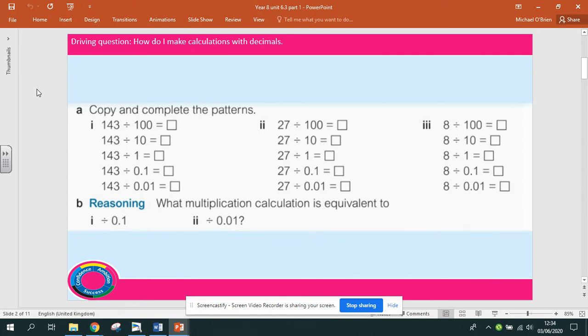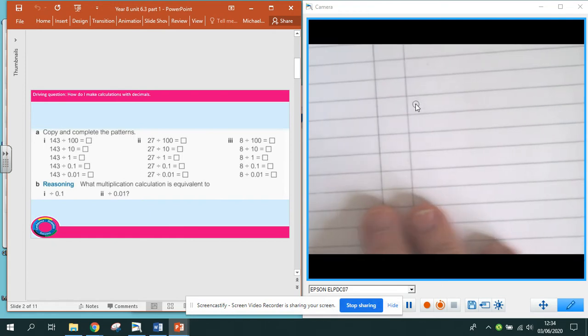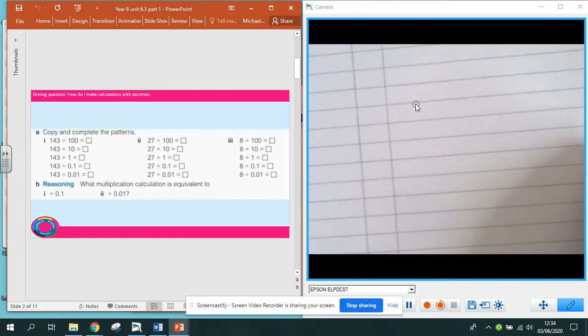Whilst we go through them, I'm perfectly happy for you to be doing them as well. I would like you to be doing these and starting thinking about part B as well. So let's work together through these questions.